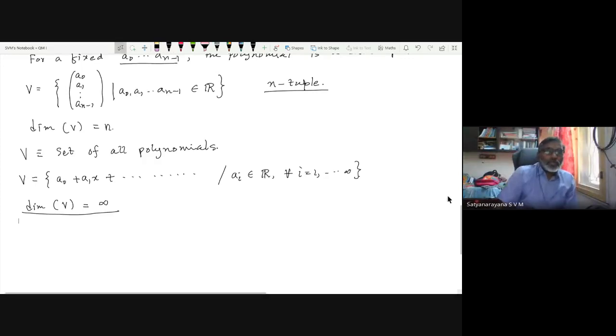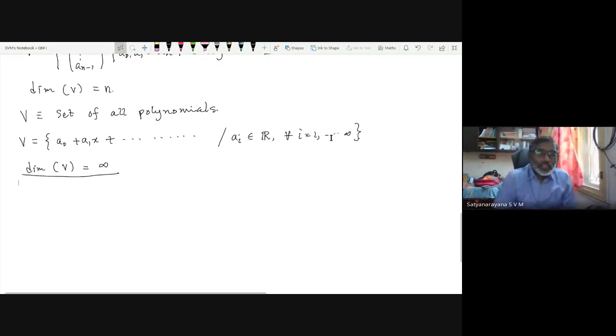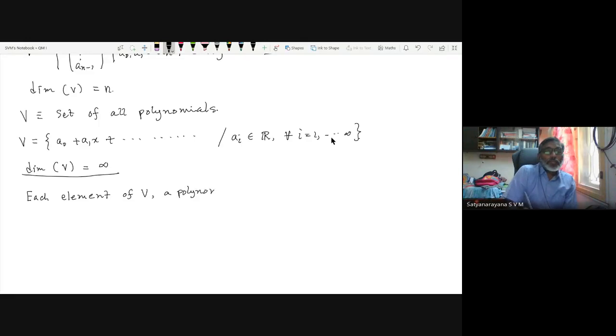Now remember that each of these polynomials, that is each element of V, a polynomial which I will call some P of x, is a curve on a plane.